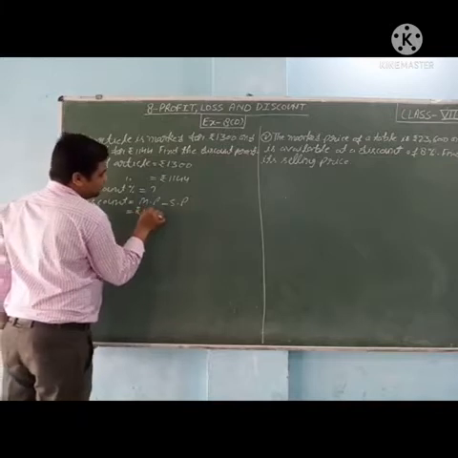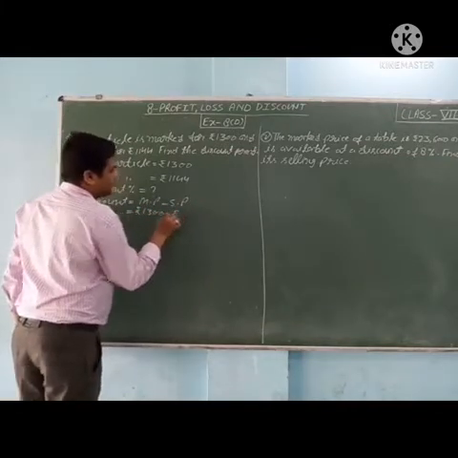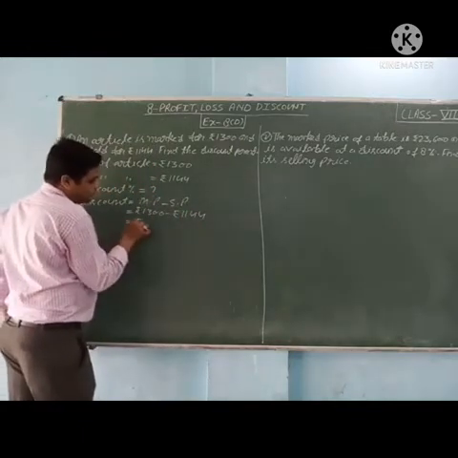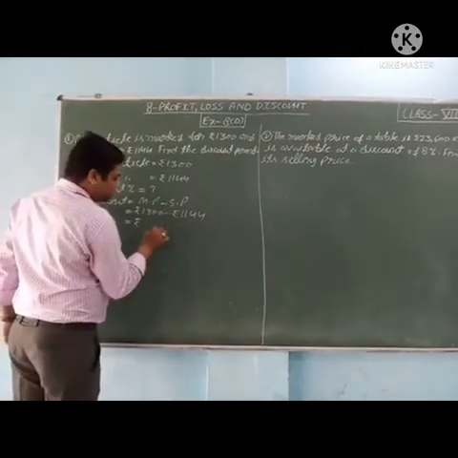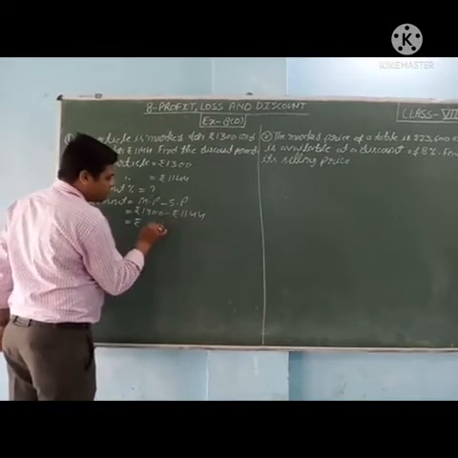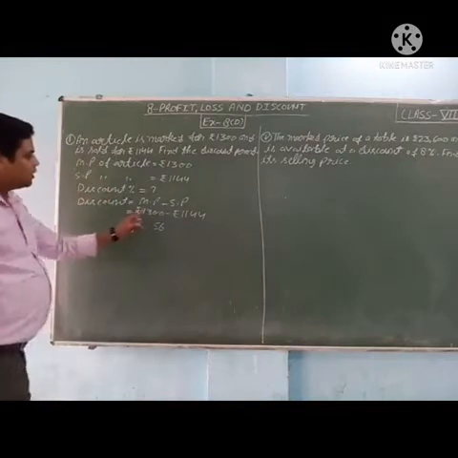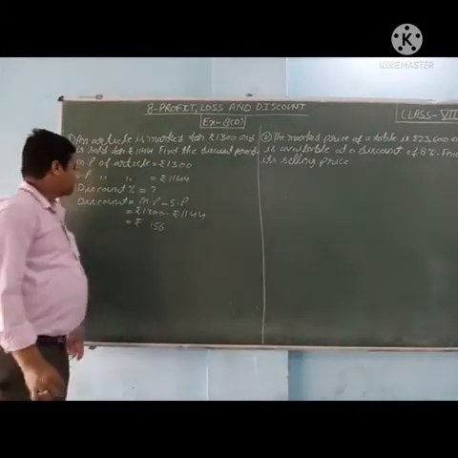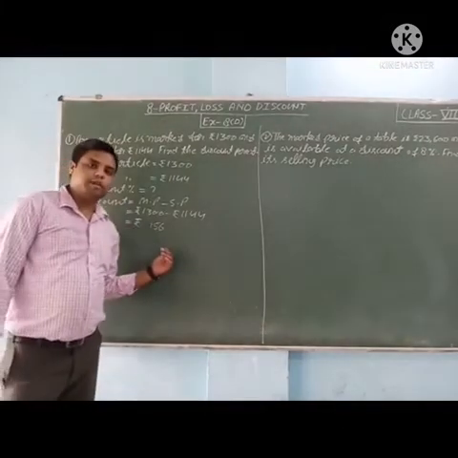So rupees 1300 minus 1144. 10 minus 4 is 6, 9 minus 4 is 5, then 2 minus 1 is 1, 1 minus 1 is 0. So discount is coming rupees 156.